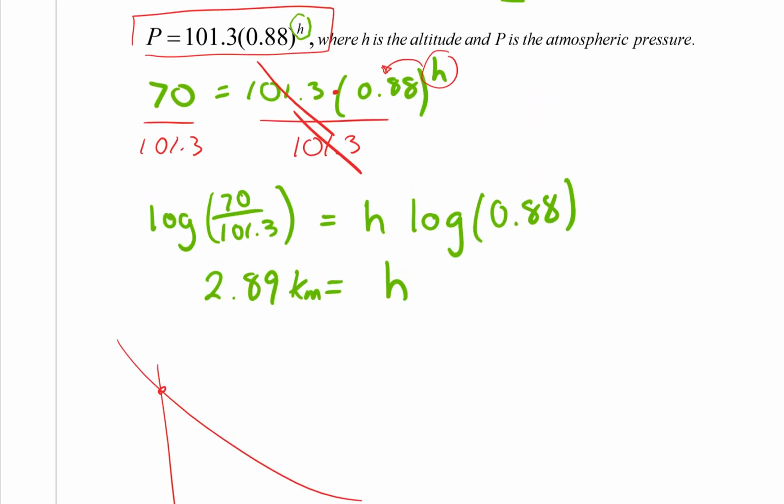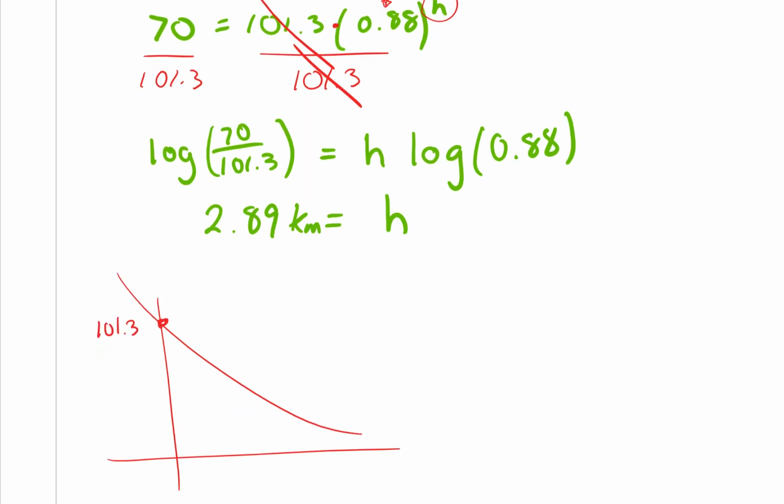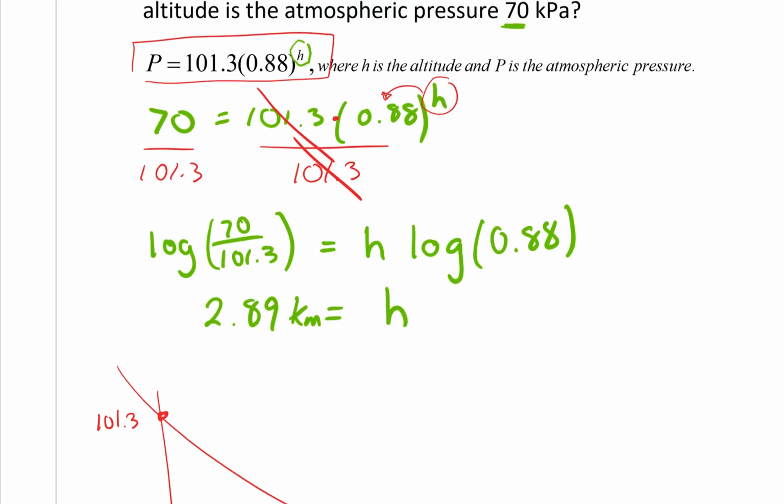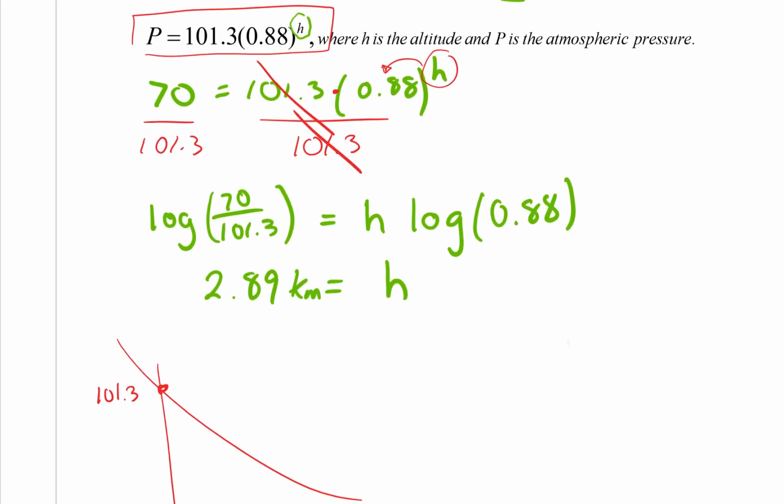What is the y-intercept? Well, if h is 0, this would be 101.3. Because decimal 88 to the power of 0 would be 1. Okay, so you kind of get the idea of what this function might look like. What did we just solve here? We just found that the height is 2.89 kilometers when the pressure is 70.